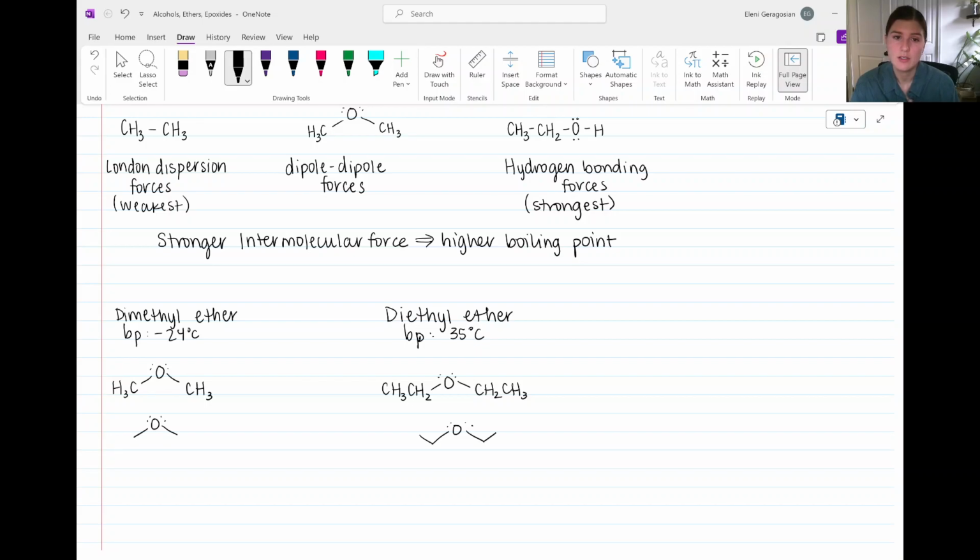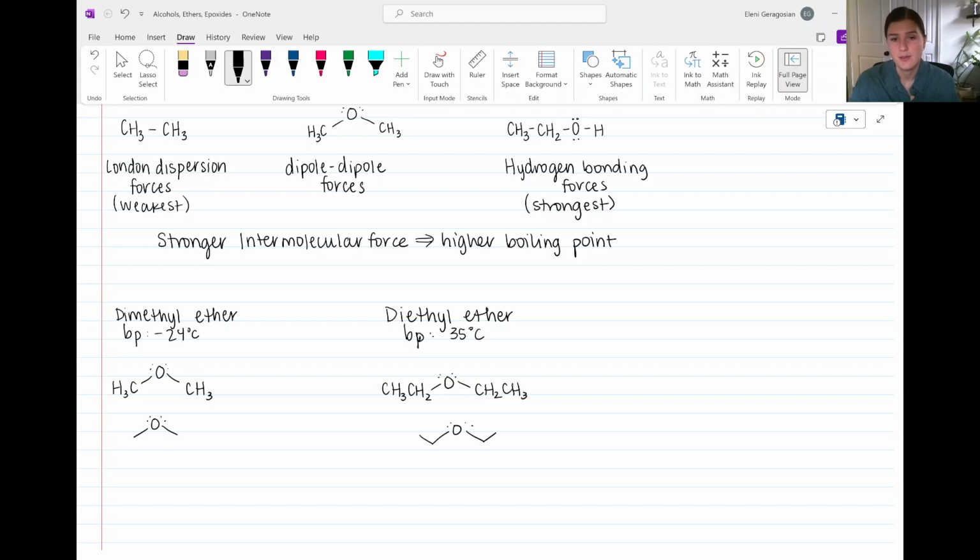This is a result of really two factors. One is that the molecule diethyl ether has longer carbon chains, although it's only longer by one carbon on either side, that still has an effect on the strength of London dispersion forces. So diethyl ether has stronger London dispersion forces because there is a longer chain in diethyl ether as compared to dimethyl ether. Molecular weight also influences boiling point.